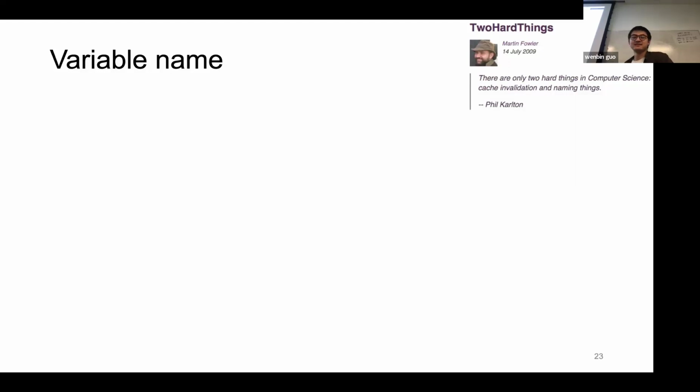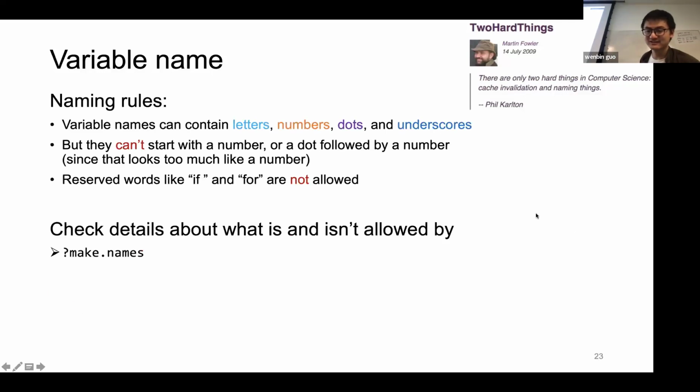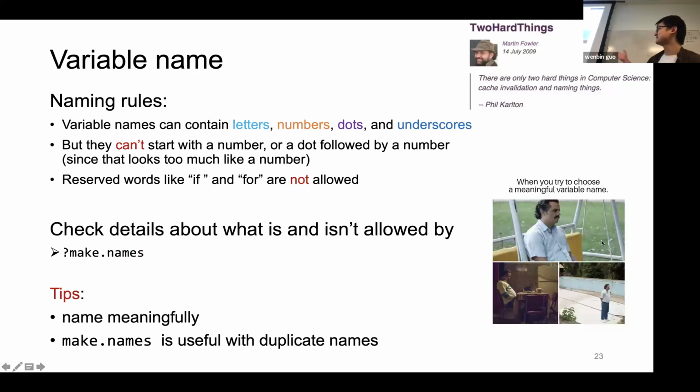But that is just one example. When you are really dealing with naming things, you are just staying there thinking, oh, what's the meaning of life, or how am I going to name these things correctly.